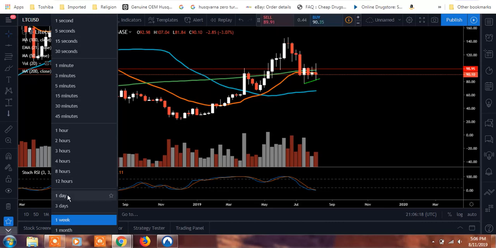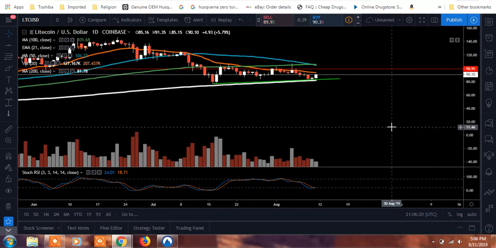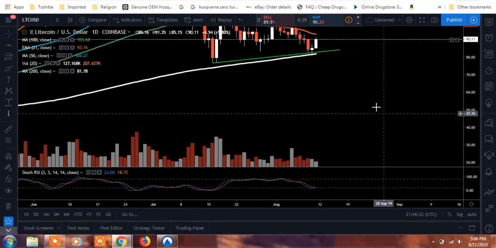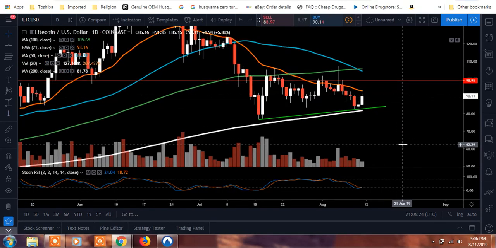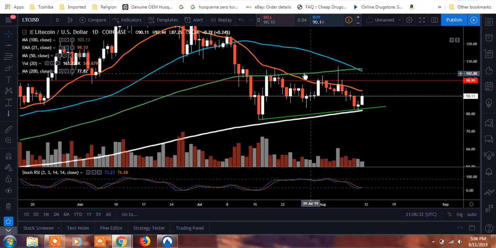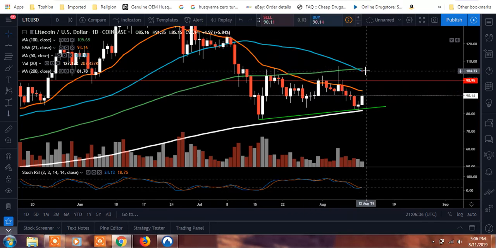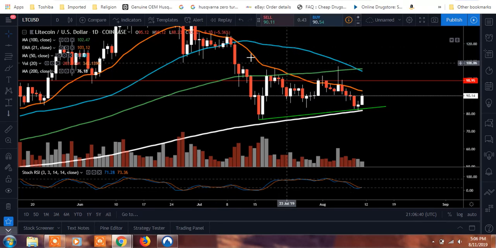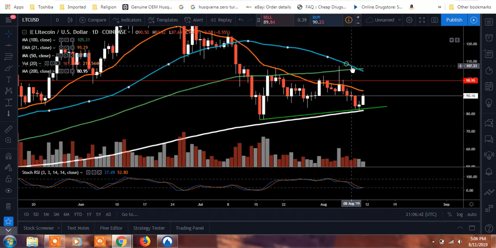Now to go into the 1 day with our moving averages, just to work backwards here. Alright, so guys, what you're seeing here is our 21 EMA is still acting as overhead resistance. That's a really strong area for overhead resistance. We have our 100-day over top as overhead resistance, and then we have the 50, and we're almost having a death cross here from our 50 moving average crossing down over our 100.